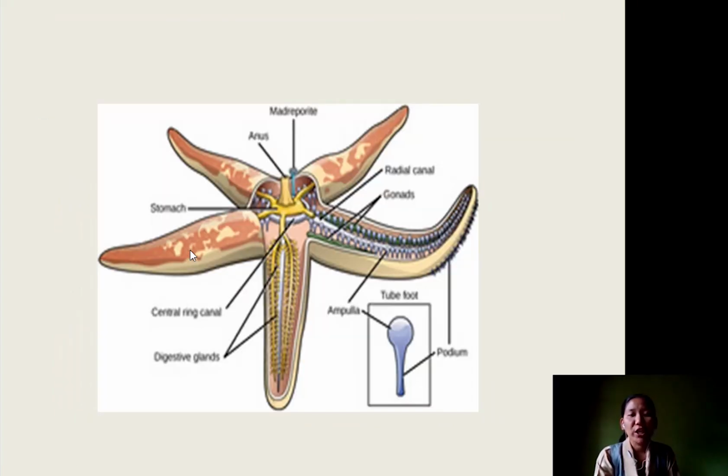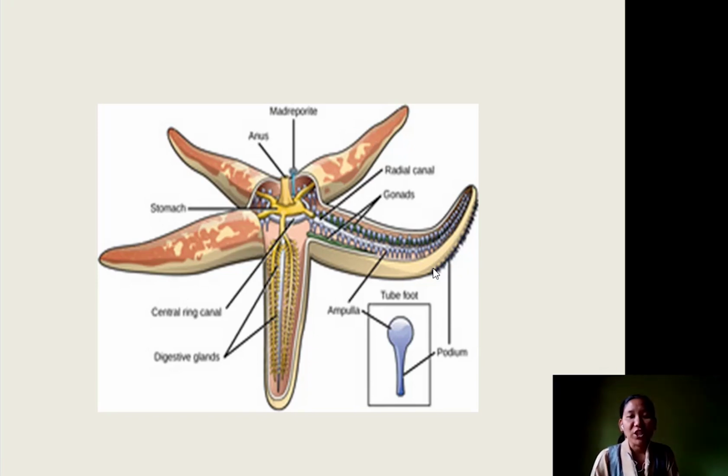The body here, as you can see, is radially symmetrical. We can divide it into two equal halves through this angle, or this angle, or this angle. You can find five different angles through which you can divide them into two equal halves. So they are radially symmetrical, but the larval forms are bilaterally symmetrical.